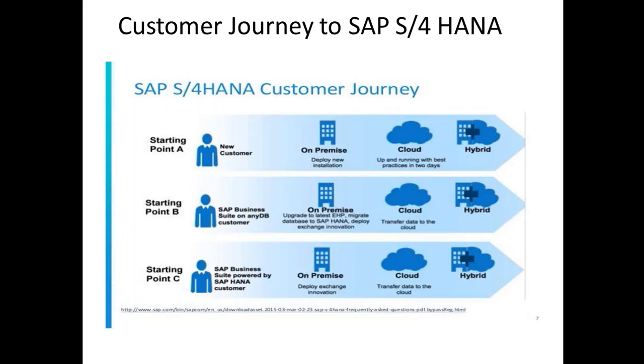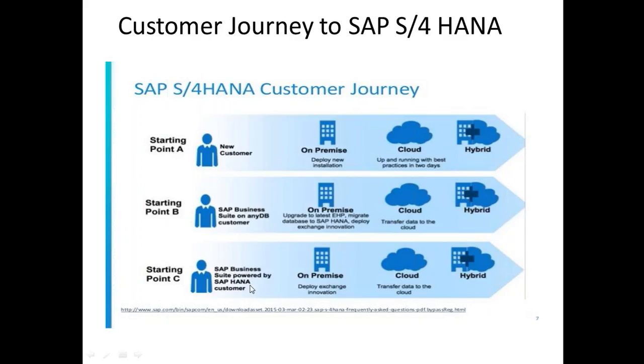In case they want to go for the on-premise edition, they need to update to the latest EHP, that is ECC 6.0 EHP 7, then migrate the database to SAP HANA, then deploy the Exchange Innovation. When I say deploy the Exchange Innovation, it is nothing but the simplified code line coming and sitting in your system. The other option is the cloud, where you just need to transfer the data to the cloud and get started. And they also have a choice to go with a hybrid.